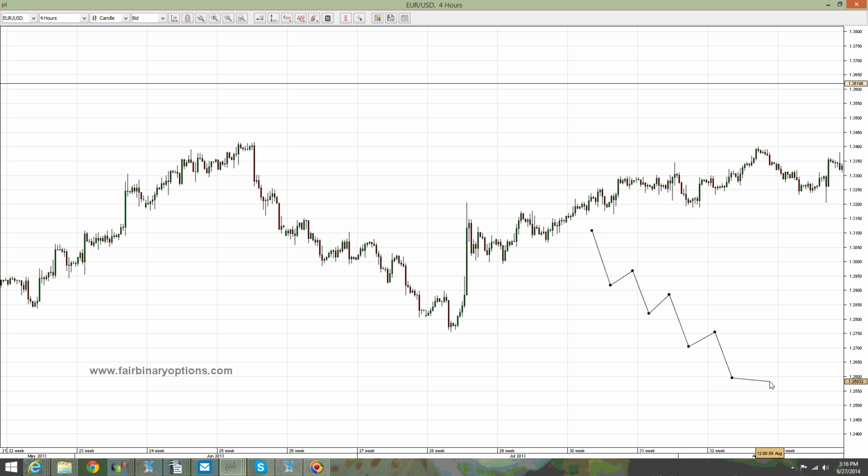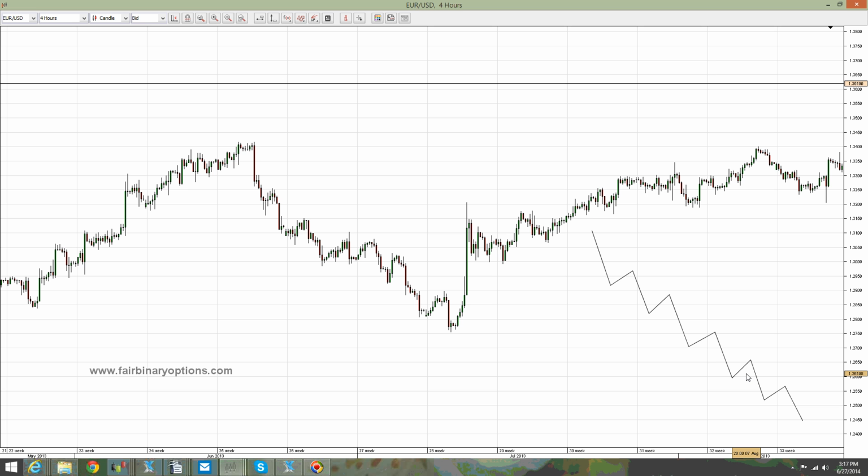Would it be possible for the double zigzag to transform into a triple zigzag? Yes, of course. We'll have another intervening X wave, and then another zigzag, 5-wave structure, 3-wave structure, 5-wave structure to come. And this whole move from the highs to the downside is called a triple zigzag.